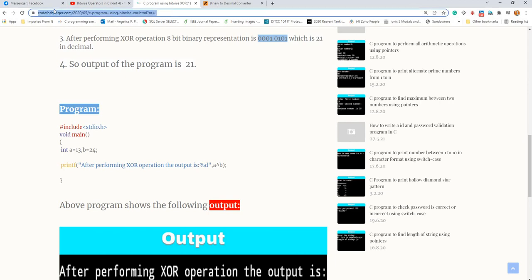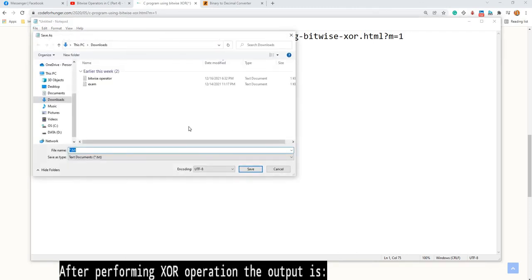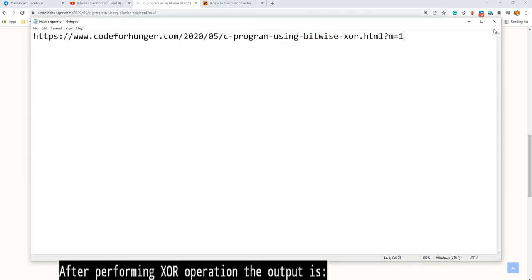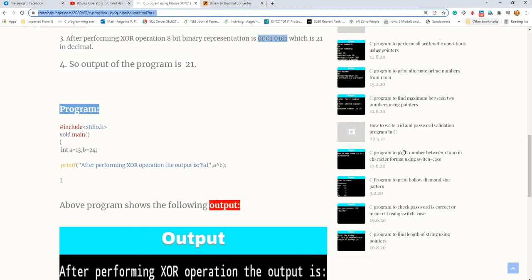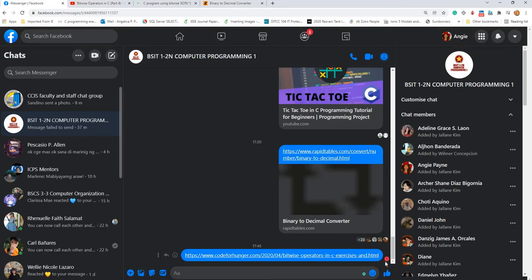Lalagay ko sa notepad, tapos isi-save ko as Bitwise. Tapos i-attach ko. Kulit lang eh, ayaw niyang ma-send. Nakita ninyo may nakalagay na pulang marka.